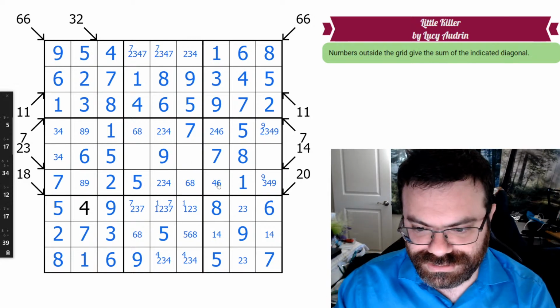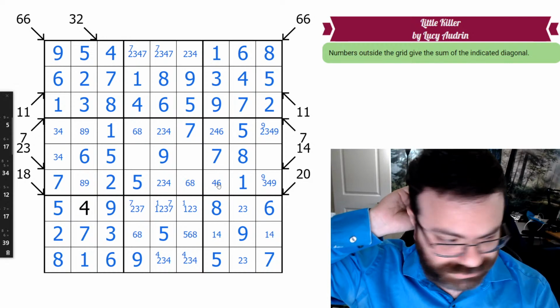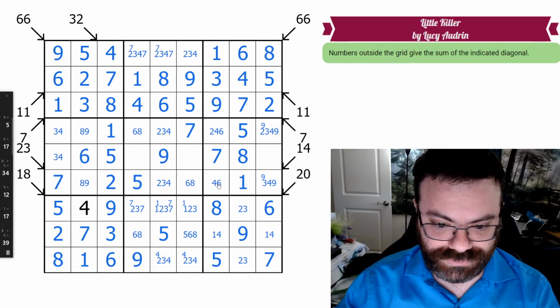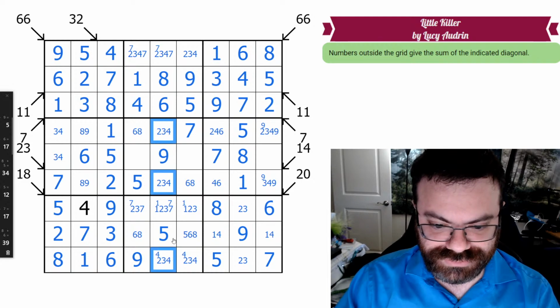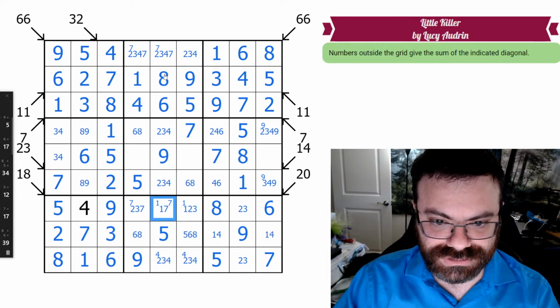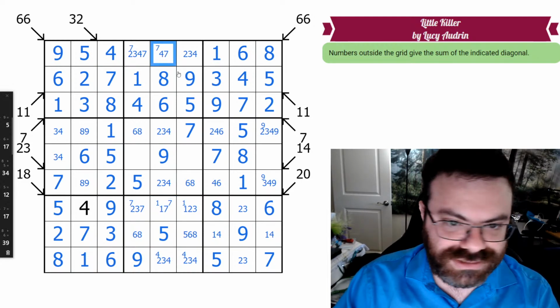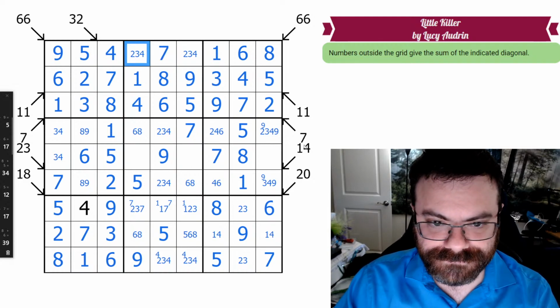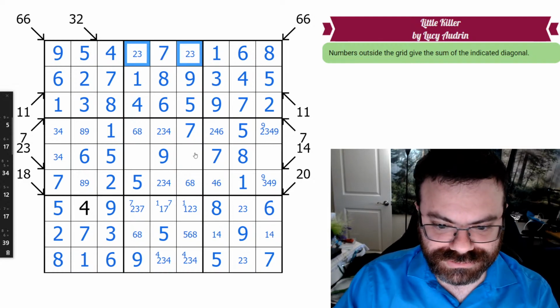Why can't it be 9? So we've got a 2, 3, 4 triple here. It's a naked, not hidden, but it's fine. So this is a 7. This can't be 4. This is 1.